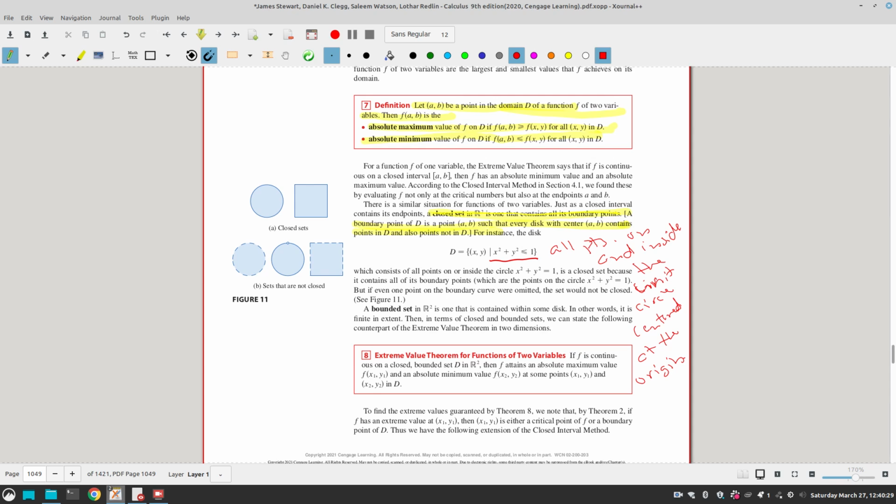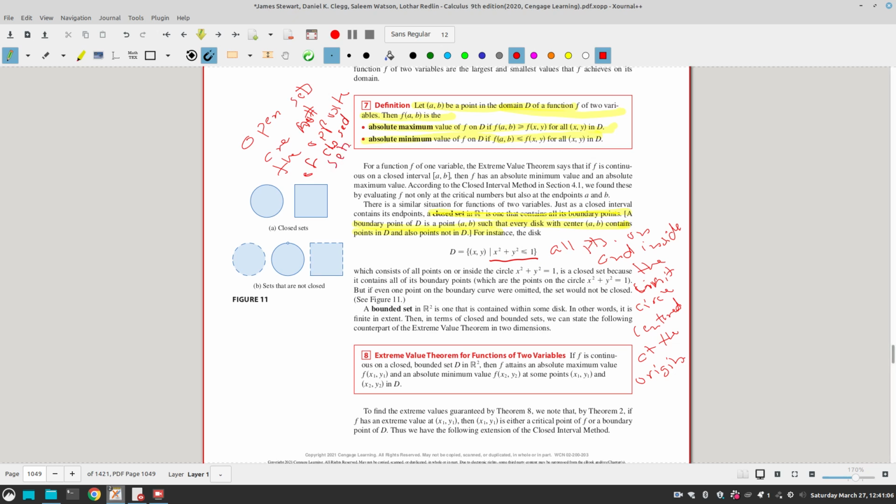Now a bounded set is of course one that is contained within one disk, right? It's finite. It may be open or not, but it is within a disk, right? Okay, just to clarify, open sets are not the opposite of closed sets.